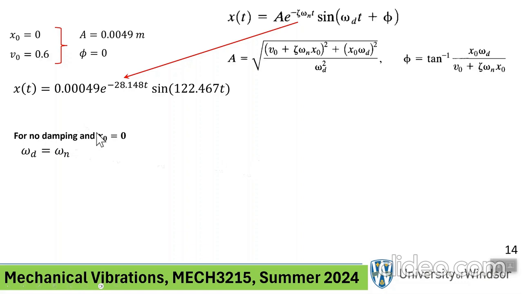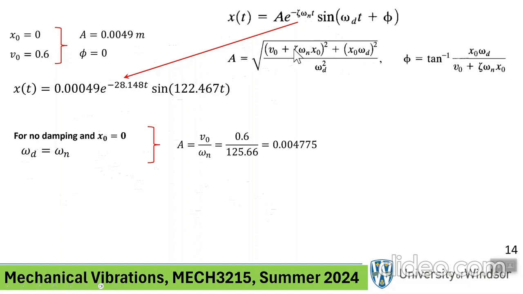Now, when there's no damping, omega d and omega n are the same. Just look at this expression, right there. See that? If there is no damping, this term is not there. This term is not there.